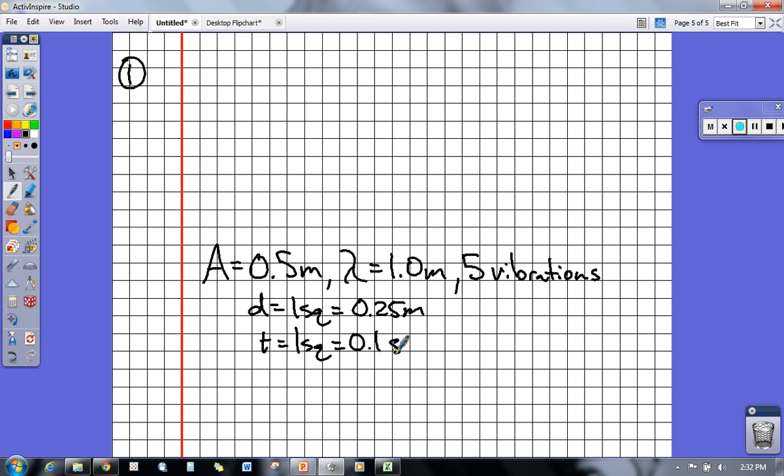So using that, we could just now think of this as using quarters. Okay? And money. So if we have 50 cents here for an amplitude, how many quarters make up 50 cents? 2 quarters. So our amplitude is going to be 2 squares high. Okay? And low, because we're talking about crest and trough.